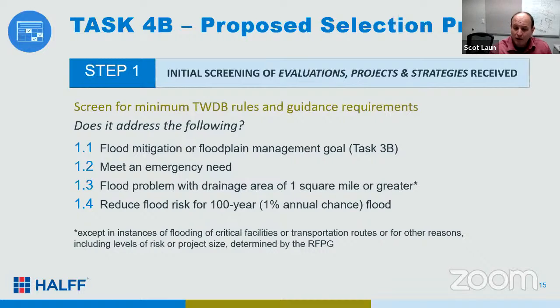But there are caveats. Based on what the group wants to do, you can say we want to move this forward because it's a critical facility, it affects mobility, or for other reasons that really make it a more important project. That we really want to move forward based on other different criteria besides just these very specific initial screening.